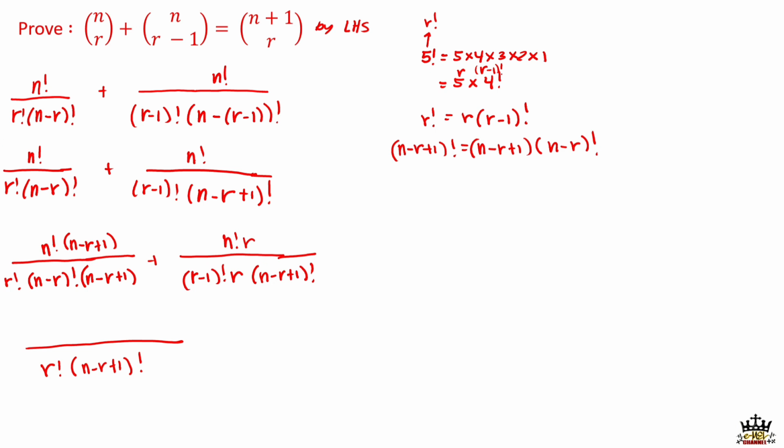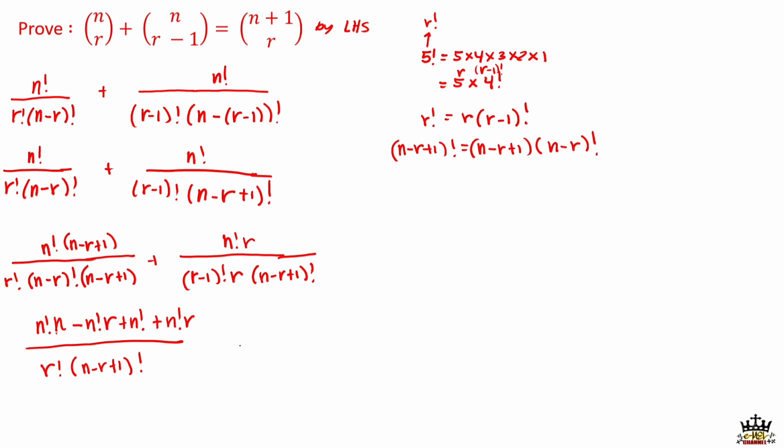Since we already have the LCD, simply add the numerators. n factorial times n is n times n factorial, n factorial times negative r is negative n factorial times r, n factorial times 1 is plus n factorial, then plus n factorial times r.